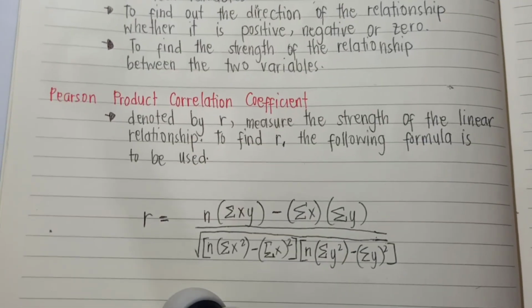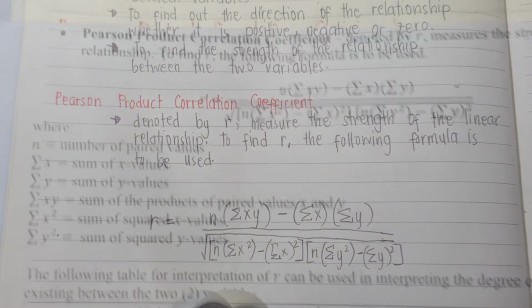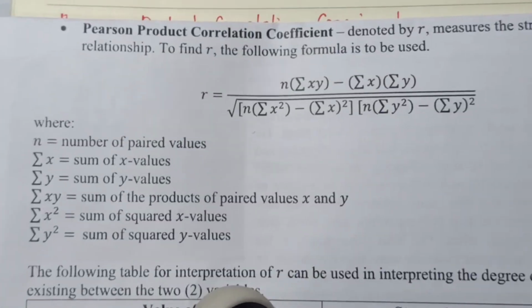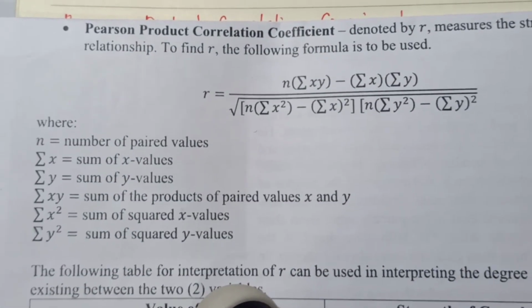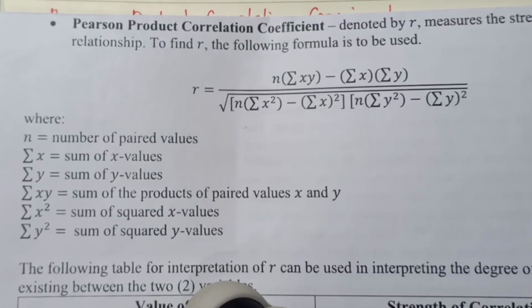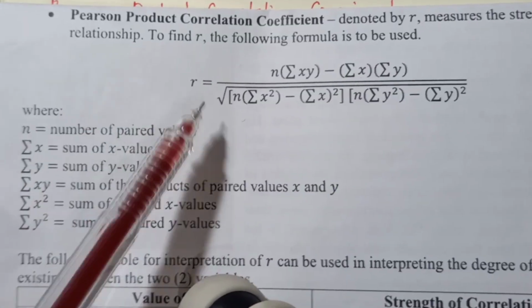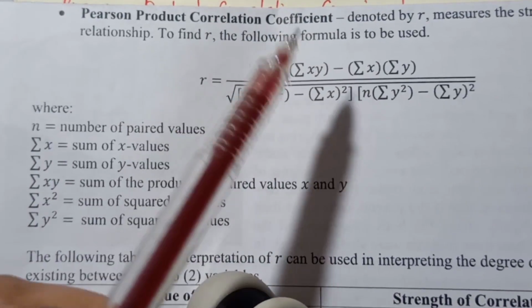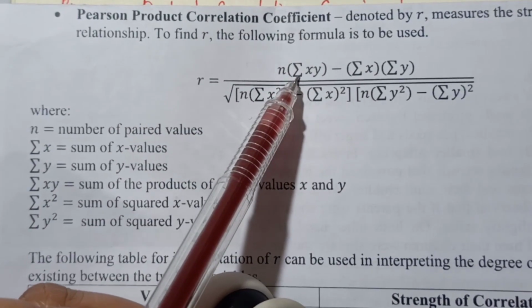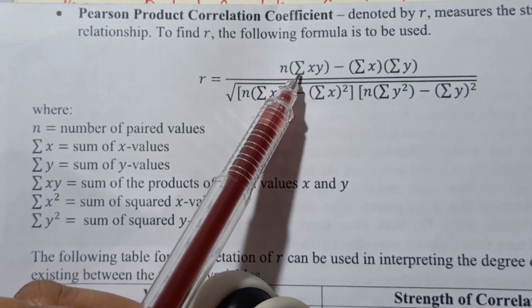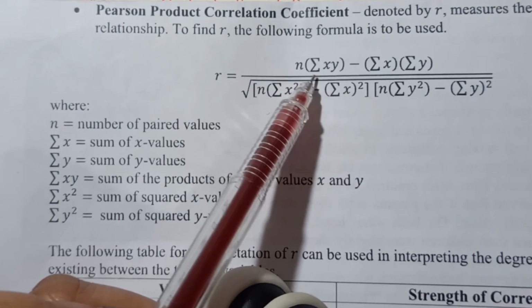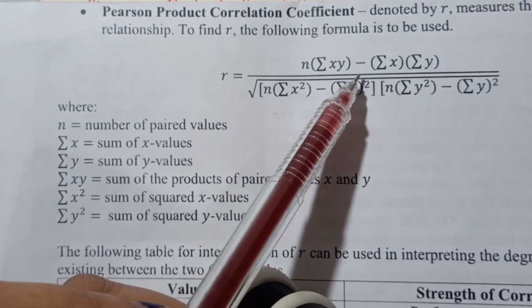So, ito po yung gagamitin nating formula. Ayan, so para mas malinaw, ito yung formula na gagamitin natin kay Pearson product correlation coefficient. So, R is equal to N times summation of XY. So, ang basta po dito ay summation. Ibig sabihin, yung total kapag pinag-add.